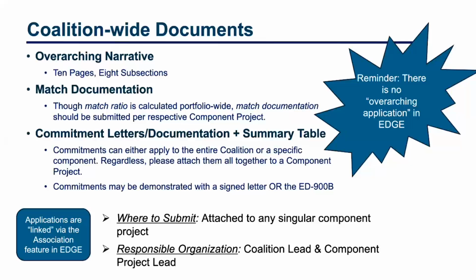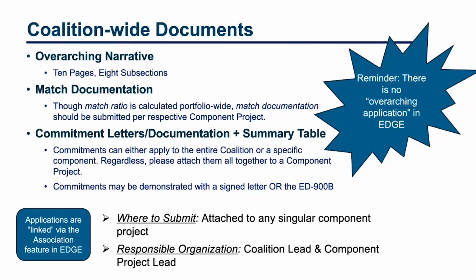For example, if you have a match provided by a business and it's tied to a workforce project specifically, we'll want to see that documentation attached specifically to that workforce project. However, remember that you're allowed to calculate match at the portfolio level.